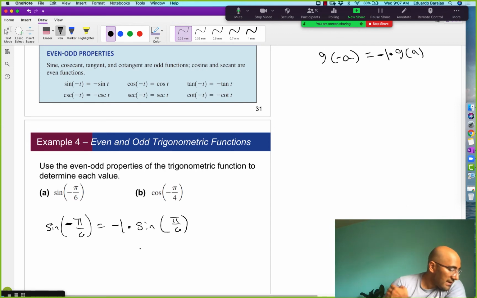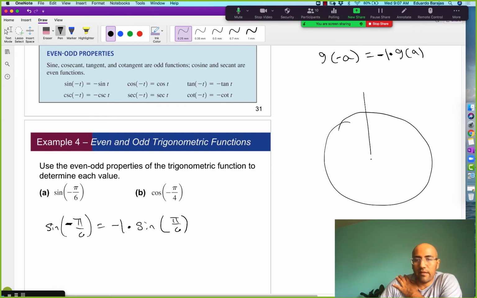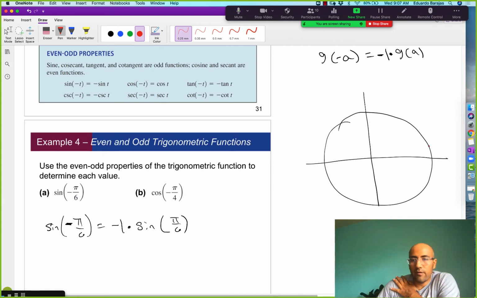And now pi over 6, well, if we remember our basic values from our table, the terminal point associated with pi over 6 is root 3 over 2, comma 1/2.